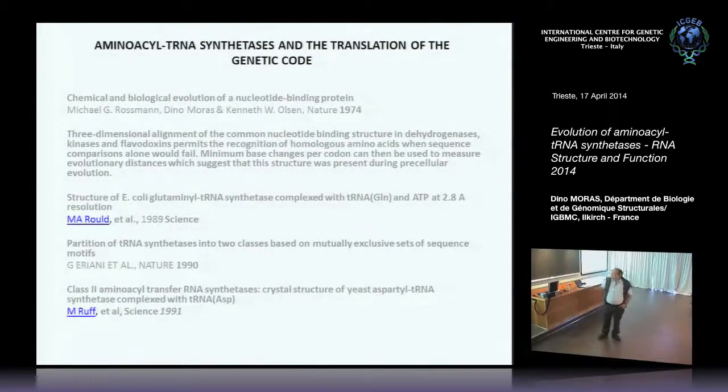We came to this by structural comparison, because sequence analysis would not have given the solution at that point. There was a three-dimensional alignment, a fold that had a function, so it was a domain and function. And we had some measure at that time, a primitive evolutionary approach, of these changes, which suggested that the structure was present during pre-cellular evolution.